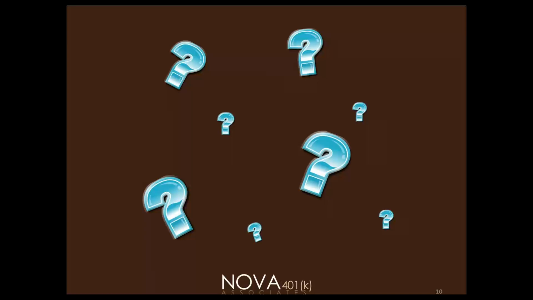The only other question we had is, will you be going over how to take care of year-end compliance testing and Form 5500? You mean as far as the output? So Nova, by default, will share your year-end compliance testing with you through our Plan Sponsor Link web portal.